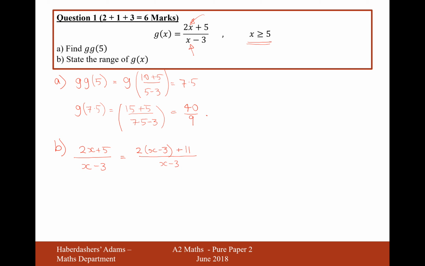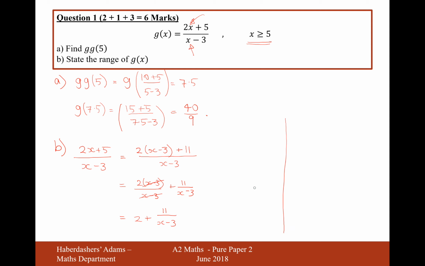So it'd be x minus 3 on the bottom. Then split the two fractions up into two different ones. So it's going to be 2 times x minus 3 over x minus 3 plus 11 over x minus 3. So this gives us, cancel out this factor from the top and bottom, it gives us 2 plus 11 over x minus 3.